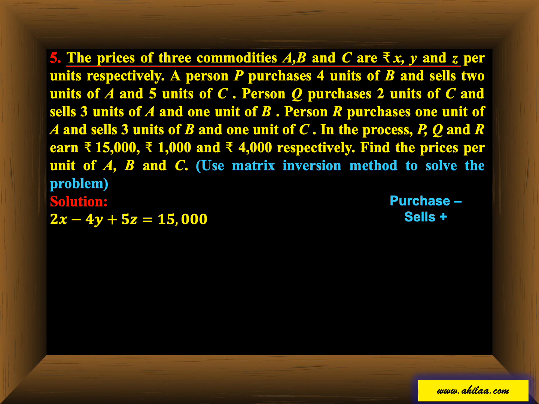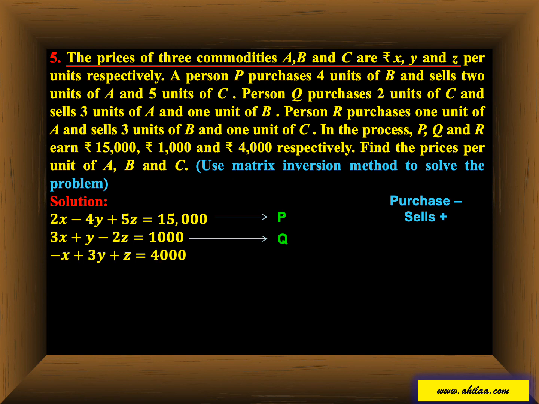So the earning of the money is given here as 15,000, 1,000 and 4,000 respectively. Similarly, reading the other two statements, we get the equations for Q as 3x plus y minus 2z equal to 1,000 and for R as minus x plus 3y plus z equal to 4,000.